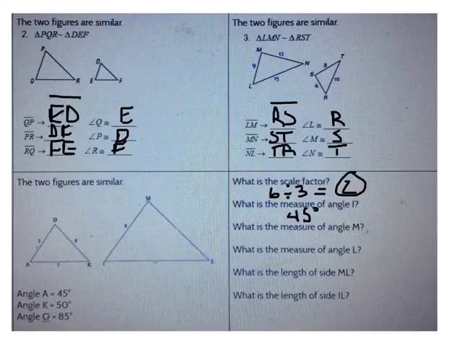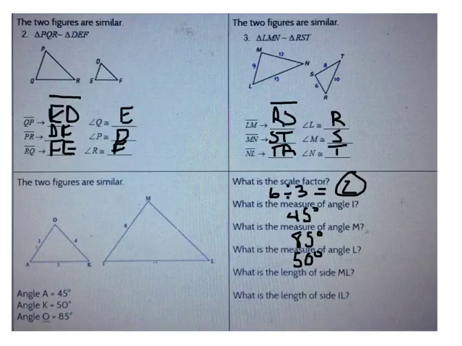What is the measure of angle M? Well, if angle O is 85 degrees, angle M must also be 85 degrees if the shapes are similar. What is the measure of angle L? If angle K equals 50 degrees, angle L must also equal 50 degrees.